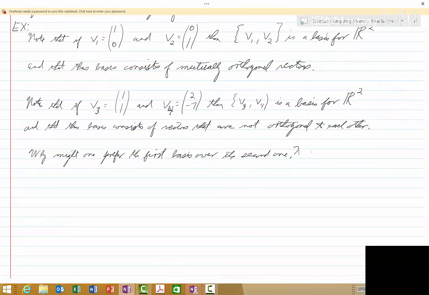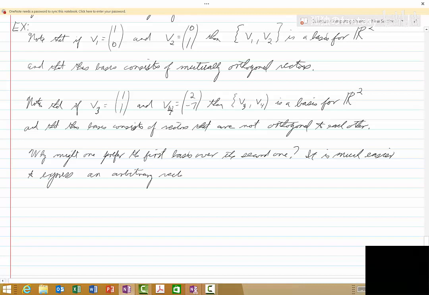And an answer is, it is much easier to express an arbitrary vector in terms of orthogonal vectors than it is to express one in terms of non-orthogonal vectors.